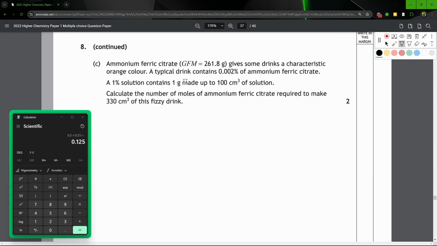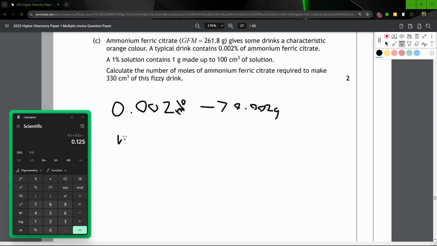The way I'm going to figure this out is, if a 1% solution contains 1 gram, then a 0.002% solution would mean 0.002 grams in 100 cubic centimetres. So we need to calculate how many moles that is.